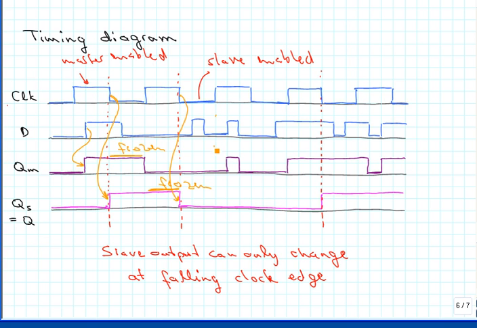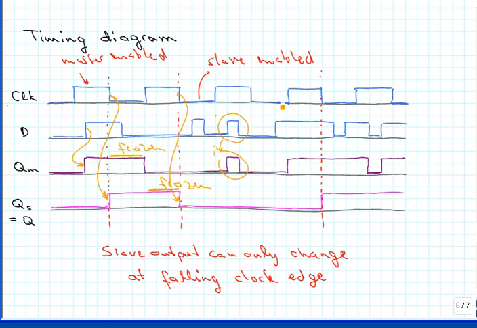Then we get to this point in time here where the master gets enabled again. So this bump here goes through to the master. Okay, but it is still during the time when the master is enabled that things go back to 0 again. So this never makes its way out to the slave.